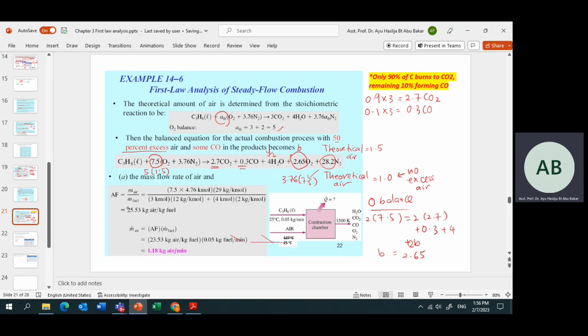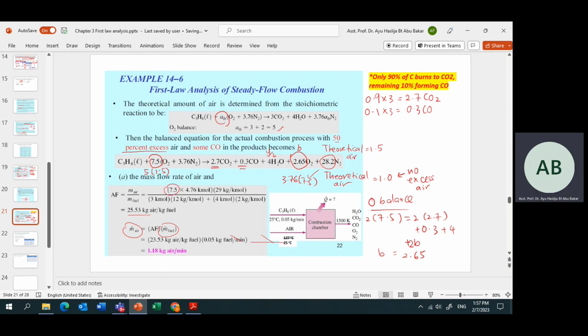Okay, now moving forward to find the mass flow rate of air. We know that the AF is equivalent to M air over M fuel. M fuel, the flow rate of the fuel, is given. We should find M dot air, but we need to calculate the AF first. So AF equation, M air over M fuel.